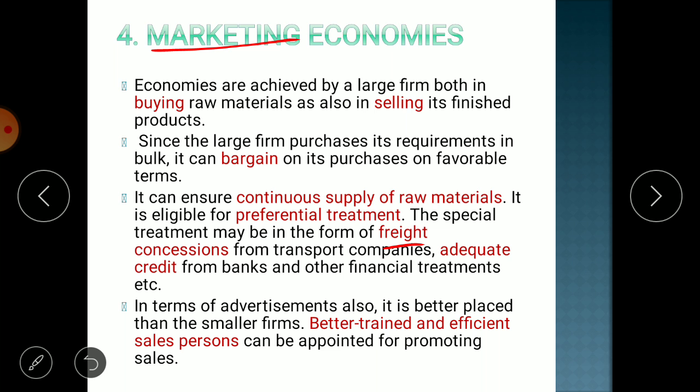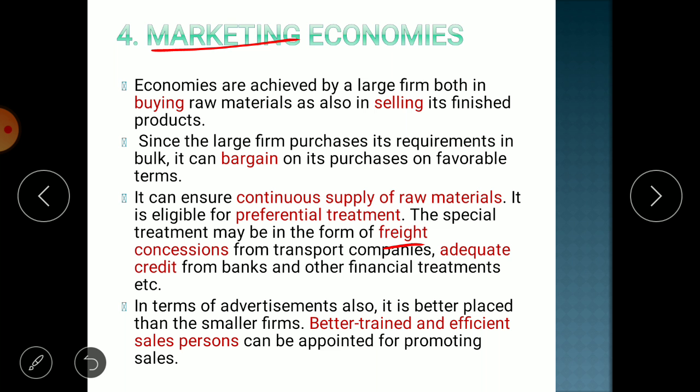The large firm can get credit facilities from the bank and other sources as well. Take an example: if they want to purchase in bulk quantity and they don't have cash on hand, they will not hesitate to put in an order. Why? Because from the bank they can easily get a loan. If you talk about the small firms, you know how difficult it is for a small firm to get a loan from the bank.